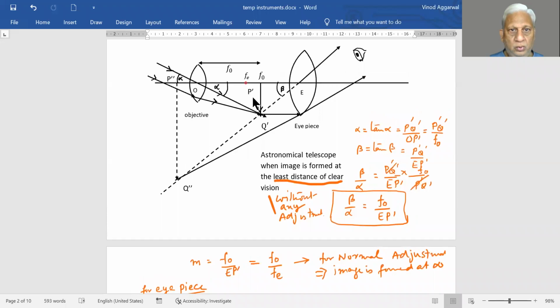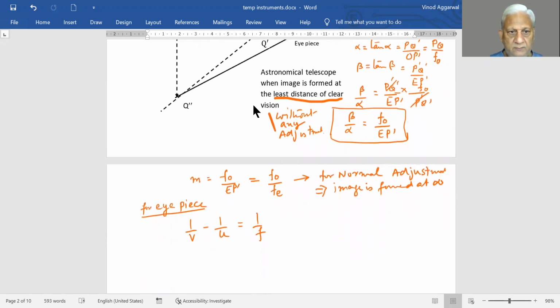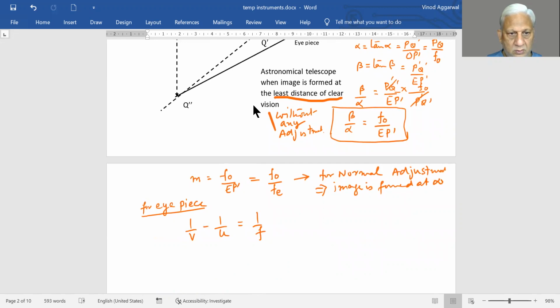For the eyepiece, U is here, which is against the direction of rays, so U is negative, F will be positive. So what we get is the lens formula.